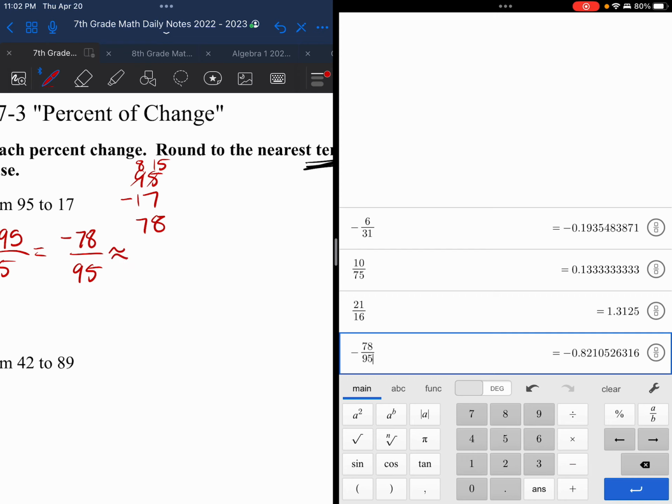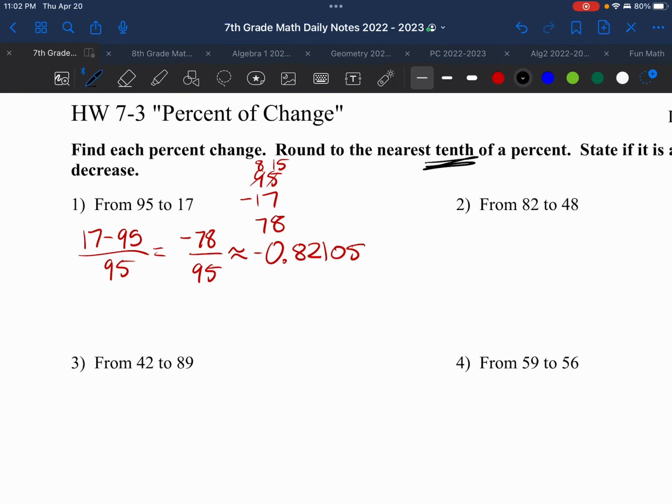This is about, because I'm approximating, negative 0.82105. I don't know how many decimal places I'll eventually need. And I'm basically done. I just need to move the decimal place, 1, 2. So this is going to be an 82 point, and then it's going to be 1 because the 1 is followed by a 0, so it doesn't get rounded up, and then it's going to be a percent.